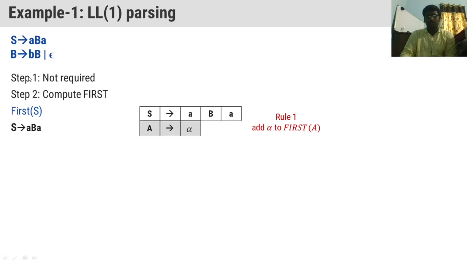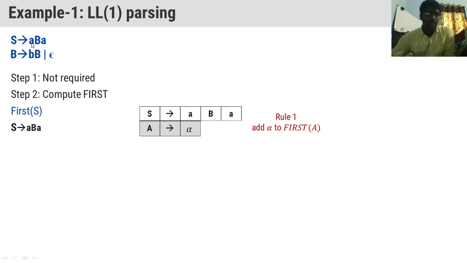Now I am going to tell you how to find first sets. First means what? Suppose the production is S implies small a capital B small a. We take the first symbol that is starting here. S is deriving small a capital B small a. On the right hand side, the starting symbol is small a.